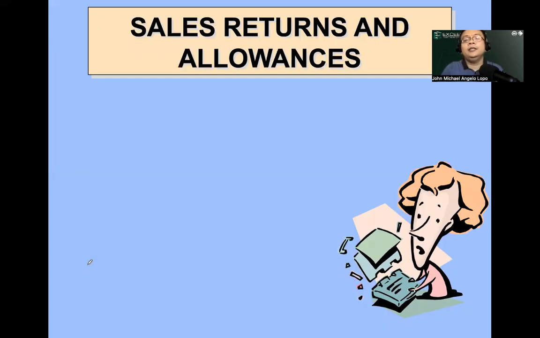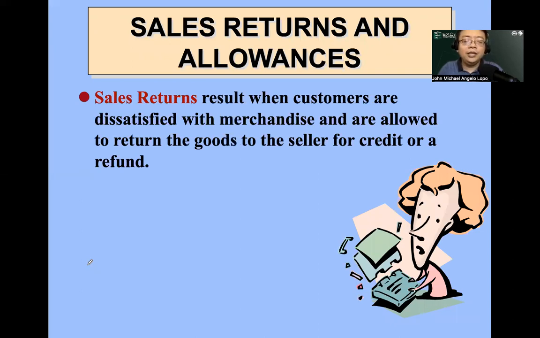You also have here sales returns and allowances, just like our discussion in purchases, but this is the opposite. Sales returns result when customers are dissatisfied with the merchandise and are allowed to return the goods to the seller for credit or for refund.